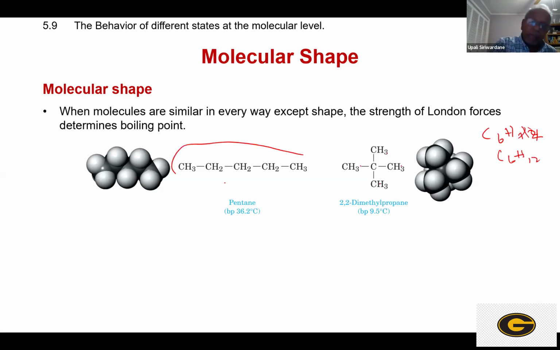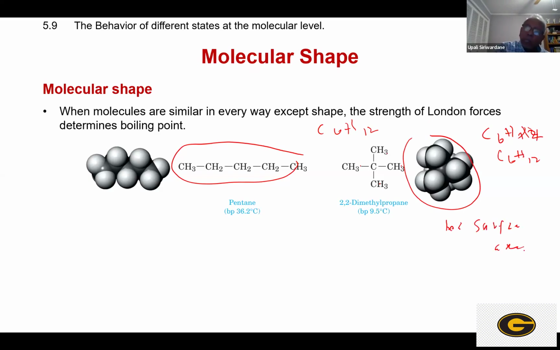Both have the same molecular formula, C6H12. The molecule is spherical here. Therefore, it has less surface area. This one has a flat shape. It is a flat molecule. It has a larger surface area.